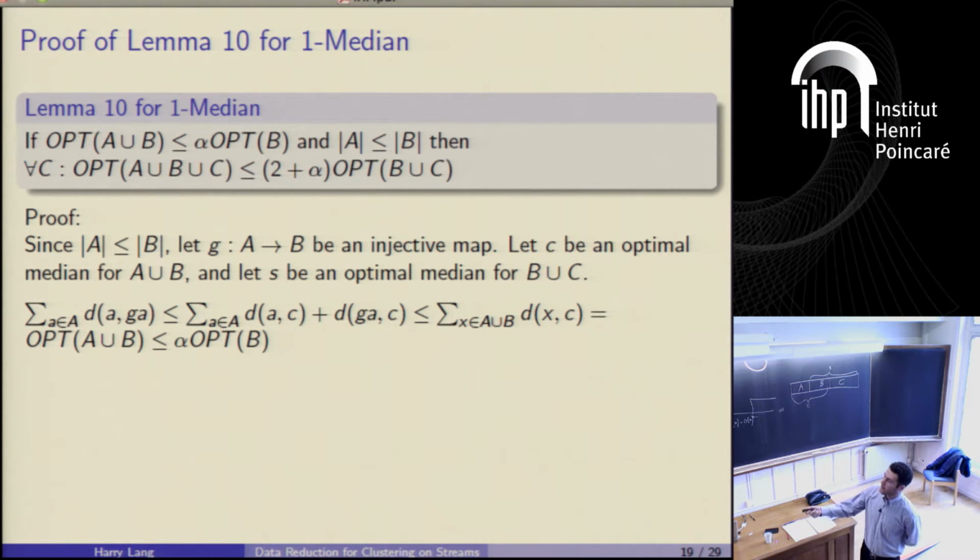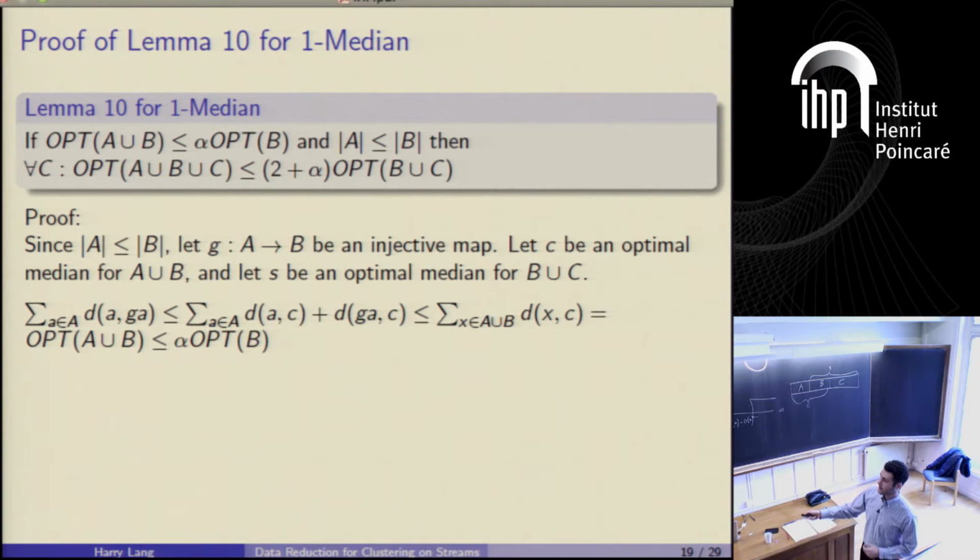So just with this, this is just kind of like a mini lemma. I want to bound the sum of connecting A to just passing through this injective map from A to B. So connecting A to its representative in B. So by the triangle inequality, I'll just pass that through the point C, the center.